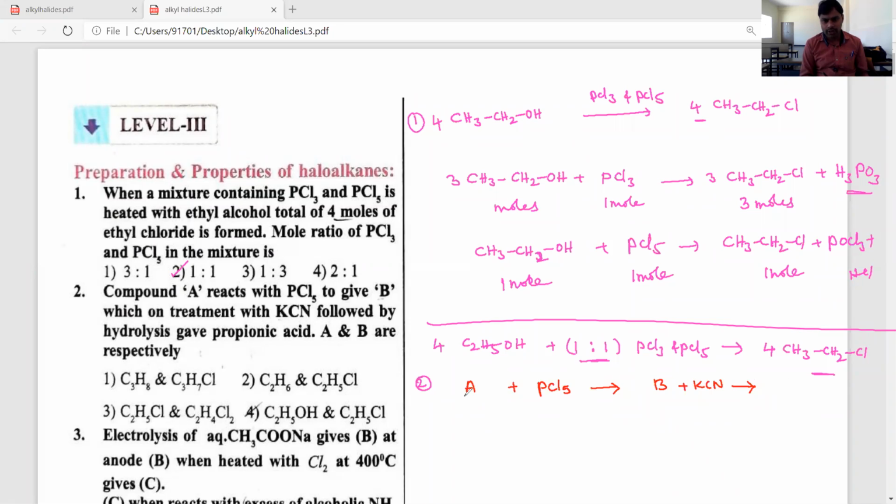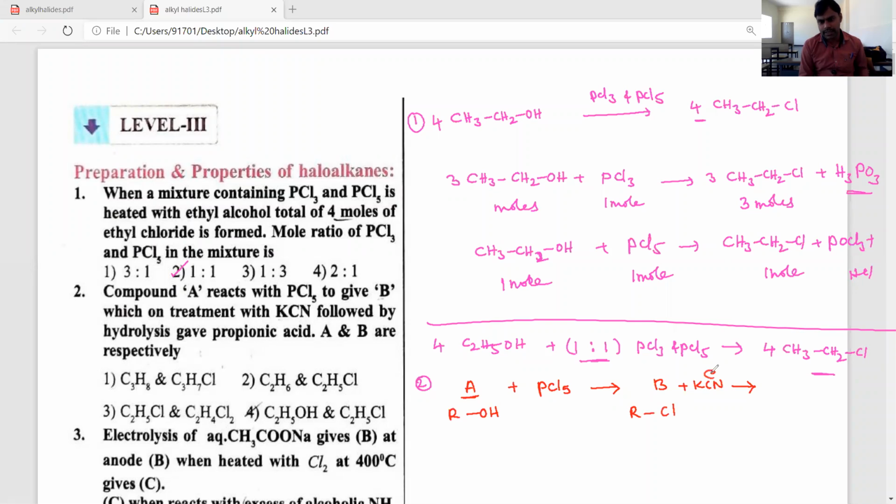You have to imagine that A is an alcohol, ROH. How many carbon atoms, we don't know; later we will get an idea based on the final product, so we can count these conversions. According to this, B is RCl.